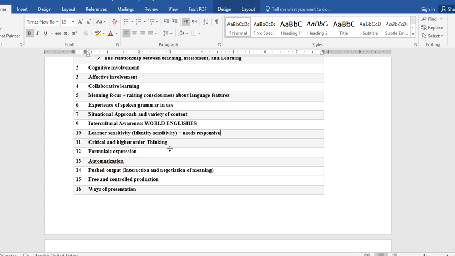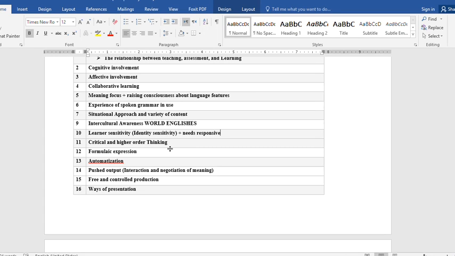So you cannot say, okay, this textbook is not about critical thinking, because we are not concerned with critical thinking here, we just want to help learners learn some vocabulary items. Okay, forget about this idea.